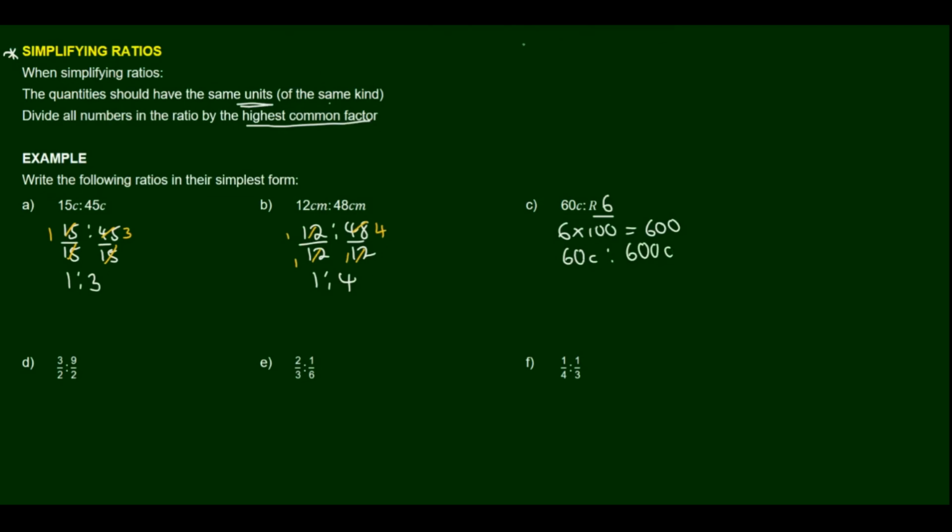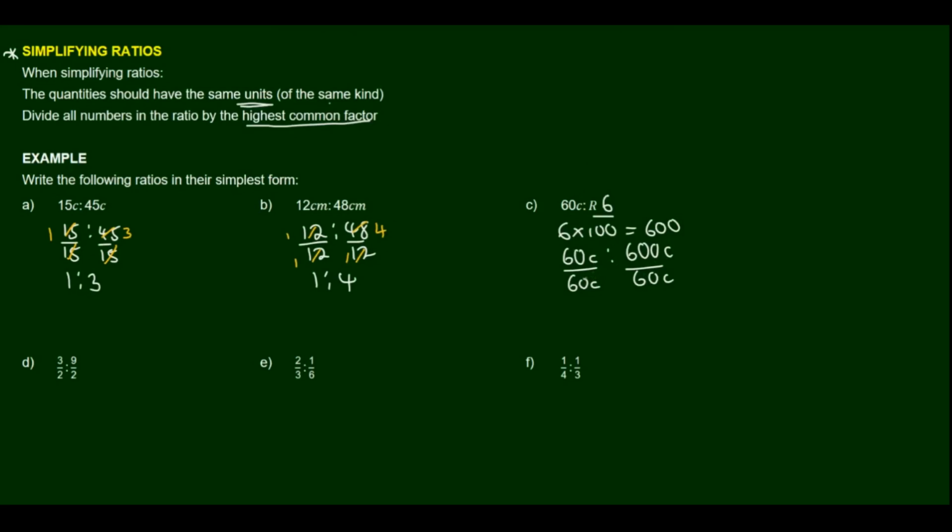Then now we can divide by the highest common factor between these two, which is 60 cents. And then divided by 60 cents. All right. And this is not like multiplication. We cannot cancel across. Remember, in multiplication, we can cancel across. If it's ratios, you simplify the left-hand side and simplify the right-hand side independently. Don't cancel across.